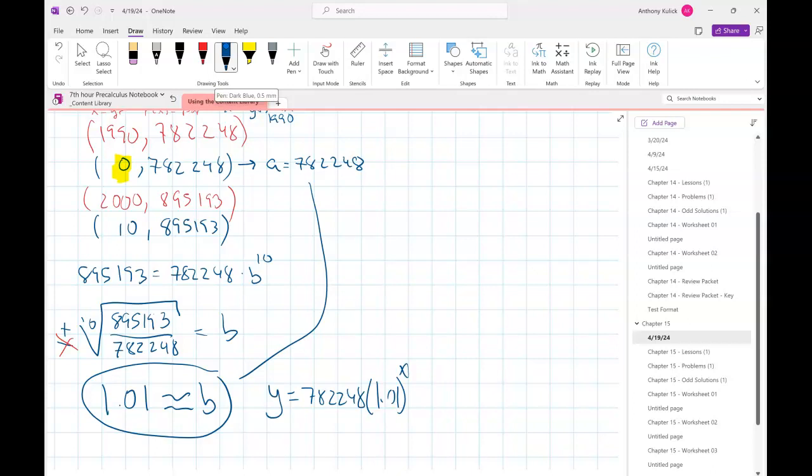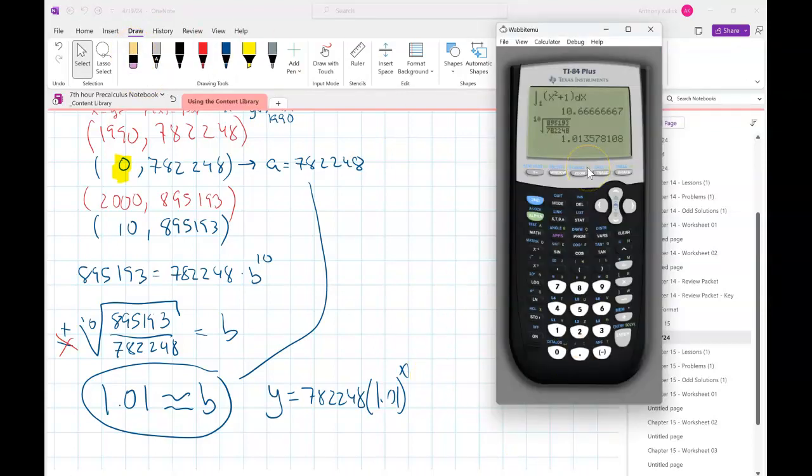Now, let me tell you something important about these exponential functions we're about to solve. They are extremely sensitive to rounding. So even though I wrote 1.01 on my paper, when I type this into my calculator, I want to keep all of my decimals.